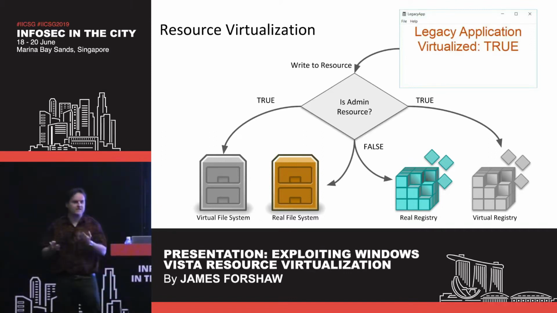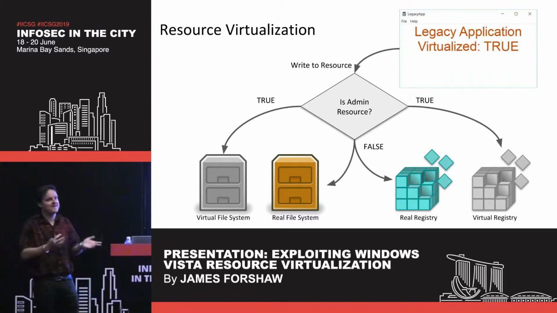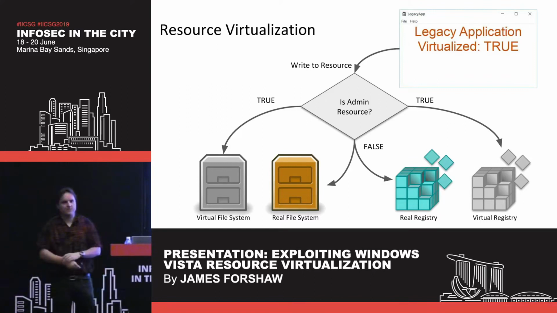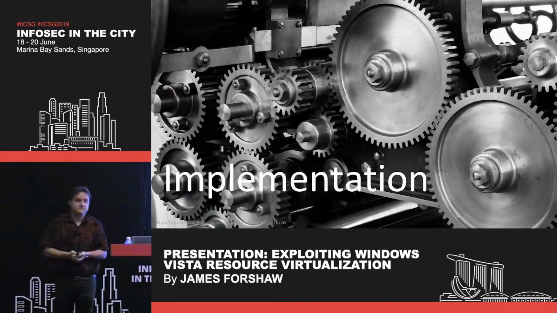And for all intents and purposes, if you had a legacy application and it tries to modify an administrative-only resource, then the operating system would maintain a fiction that, oh yeah, you can write to that resource, there's no problems. But of course, in reality, it's not really allowing it to do that. And by implementing this, in theory, it solves most of the backwards compatibility issues because, for all intents and purposes, these applications don't realize they're being virtualized.